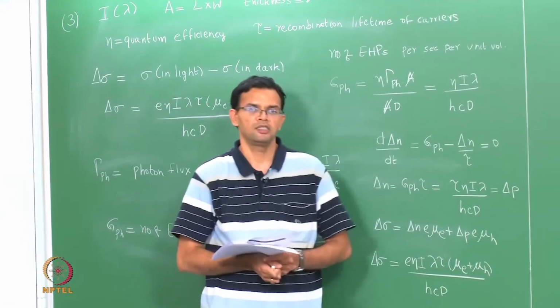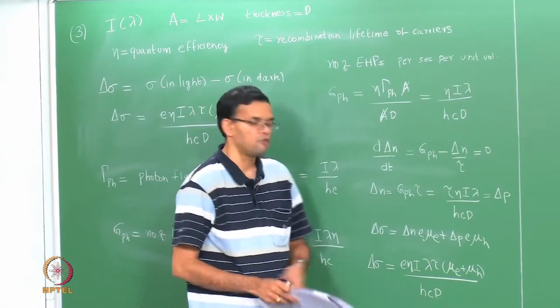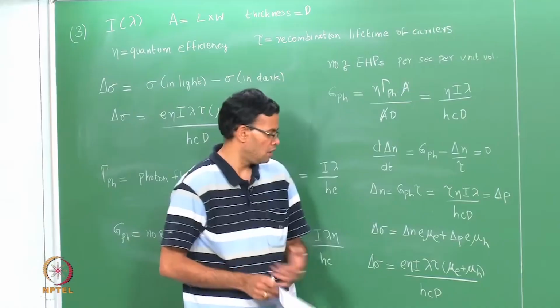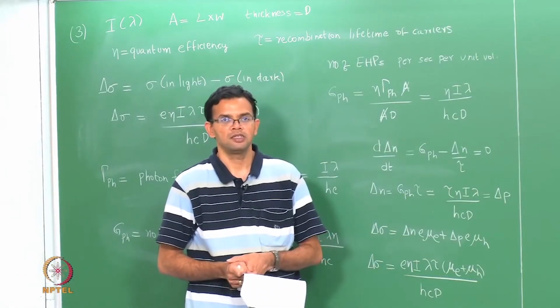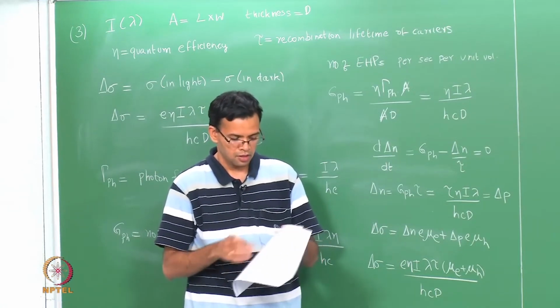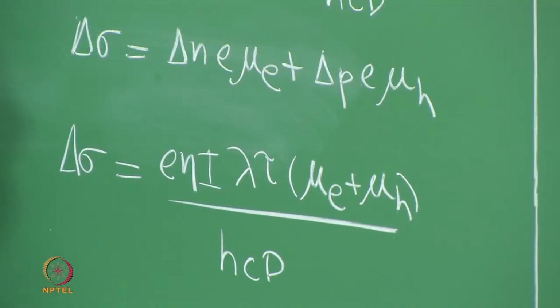So, in some ways it is very similar to the previous problem, except that instead of putting numbers we have derived a more general expression that takes into account the lifetime of the carriers and also the excess carriers that are generated. So, now we try to put some numerical values to this.